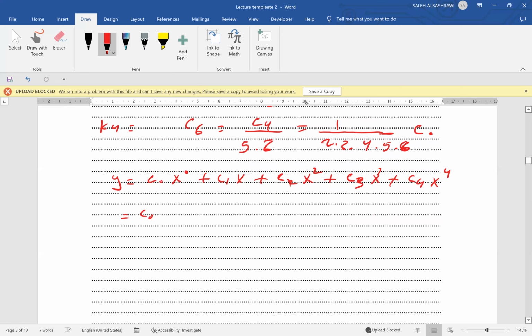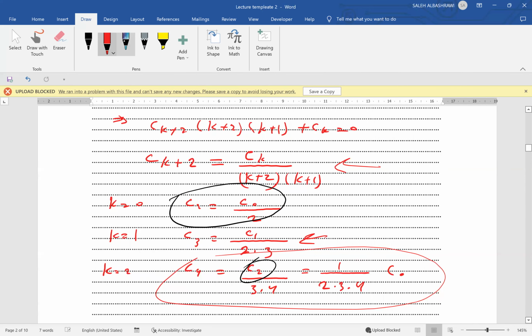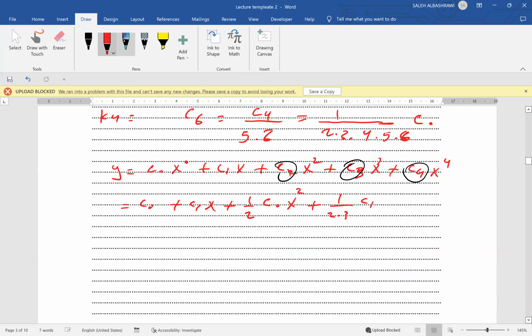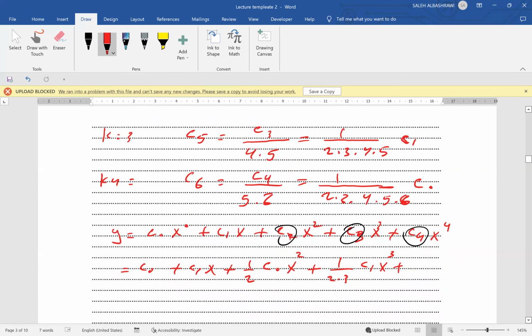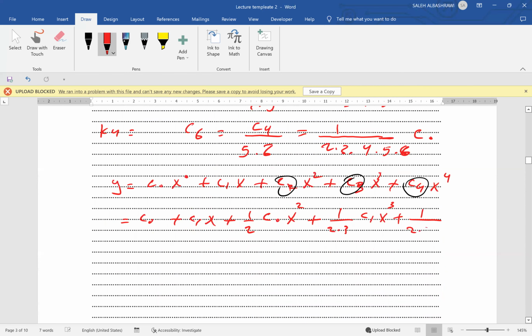So this is equal to C0 plus C1 x plus C2, which is 1/2 C0 x to power 2, plus C3, which is 1 over 2 times 3 C1 x to power 3, plus C4, which we found as 1 over 2, 3, 4 C0 x to power 4.